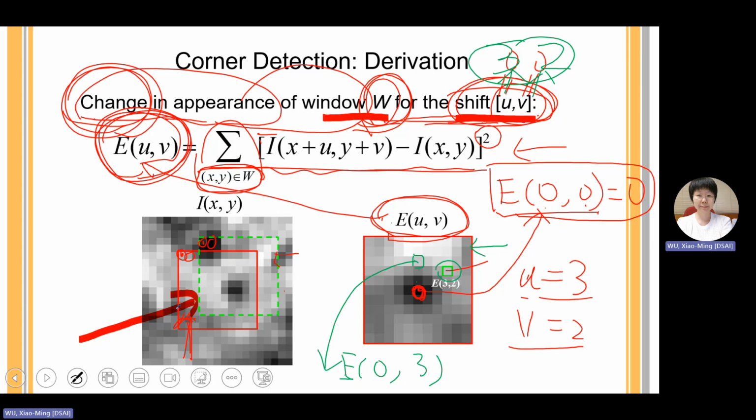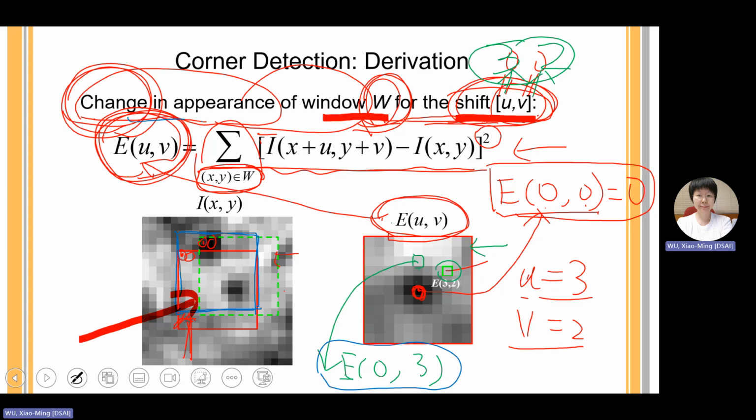The blue one is obtained by shifting the window upward by 3 pixels. So E(0,3) represents the difference in image content between the original red window and the blue window.